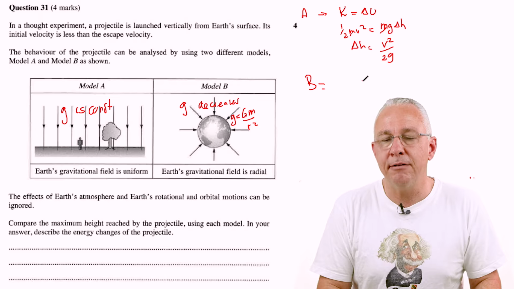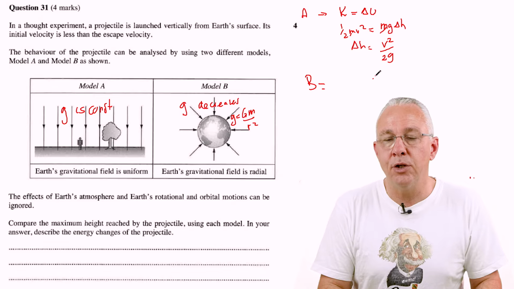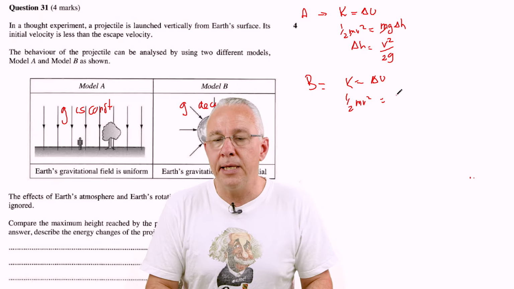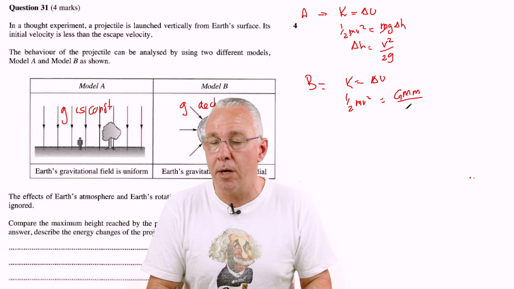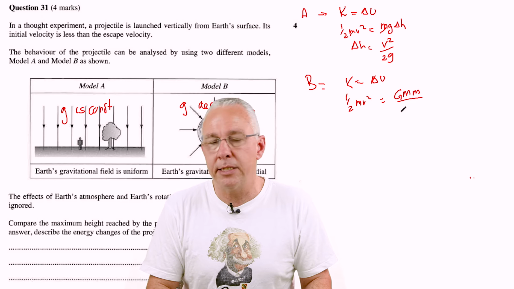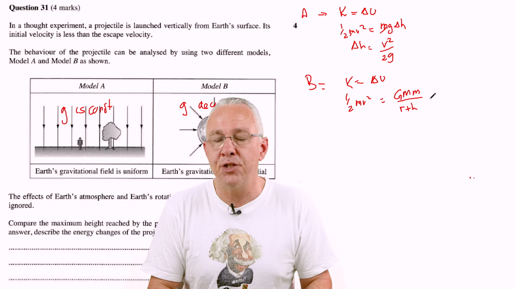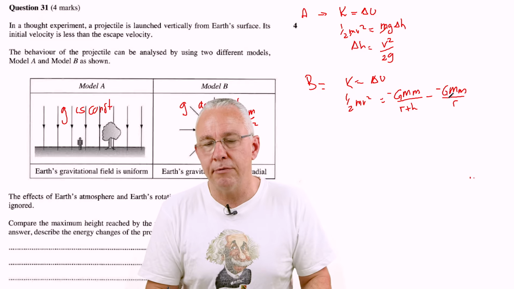And so what we have is a half mv squared equal to our delta U, which is actually equal to G capital M lowercase m over, now our gain is our final minus initial, so our final becomes R plus H, minus our initial, which is negative G big M little m over R. And so that's going to be our gain.